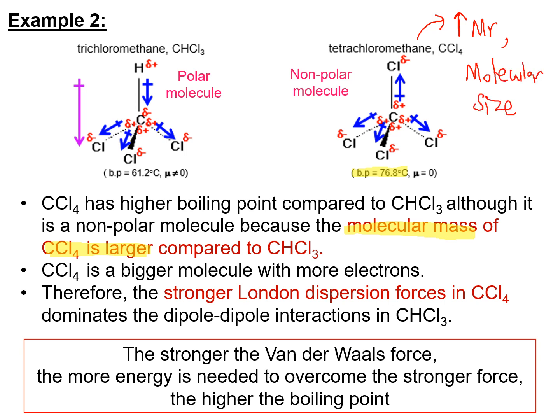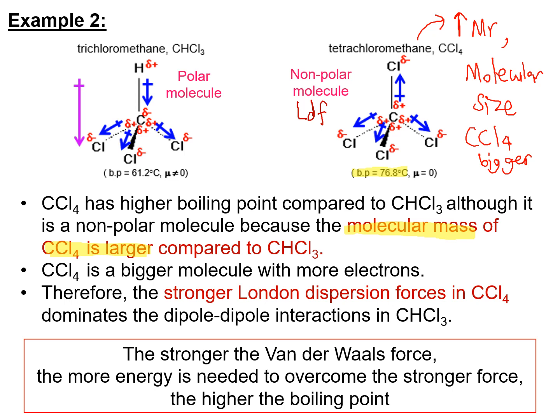Therefore CCl4 punya size dia bigger than CHCl3 just because molecule CCl4 punya molar mass is larger, is higher compared to CHCl3. Okay, dia nonpolar molecule. Jadi what type of van der Waals forces yang ada pada nonpolar molecule? London dispersion force.